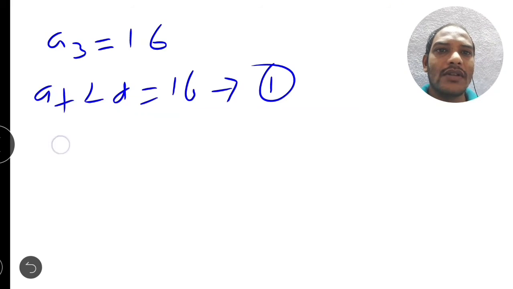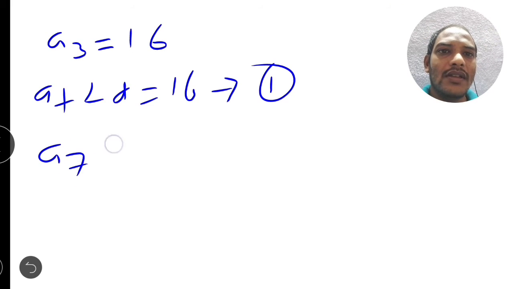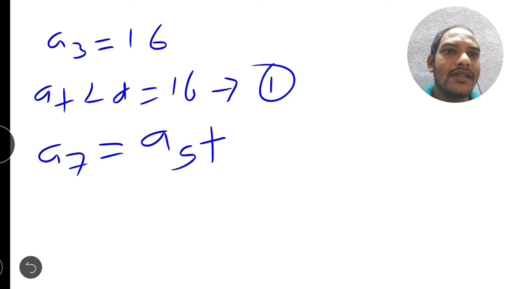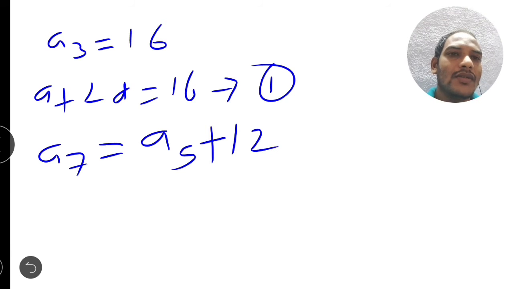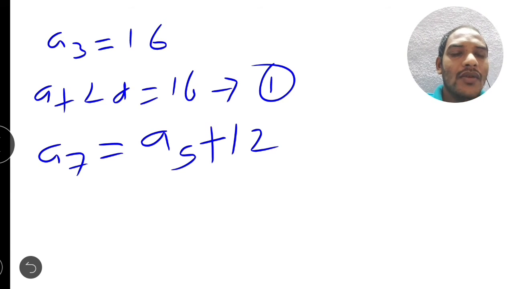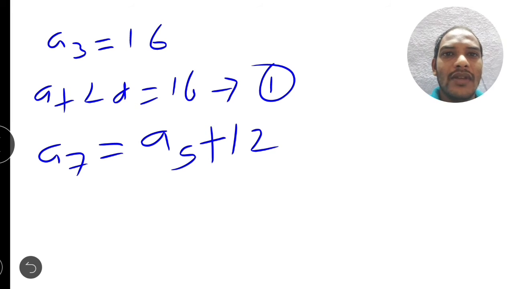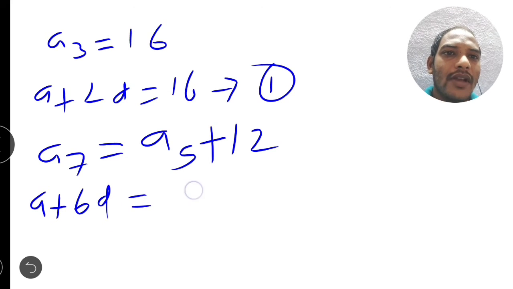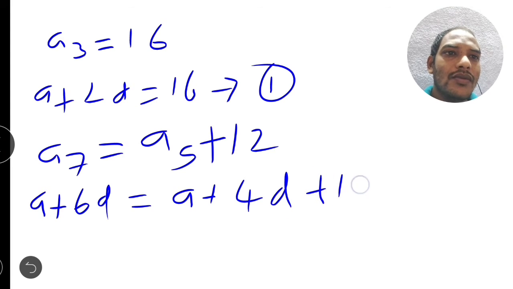Next, the seventh term exceeds the fifth term by 12. Seventh term means A7. This A7 exceeds the fifth term by 12. That means A5 exceeds means addition, plus 12. So when you add 12 to A5, it equals A7. That is the meaning of the given information. So A7 means a plus 6d equals A5, which is a plus 4d, plus 12.